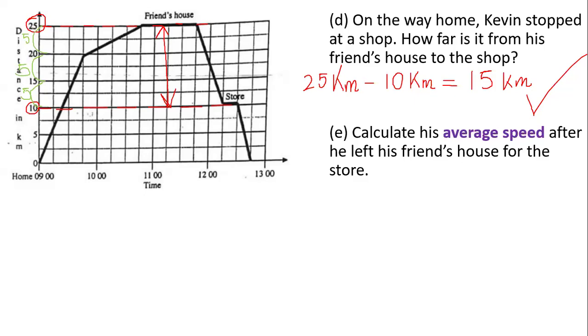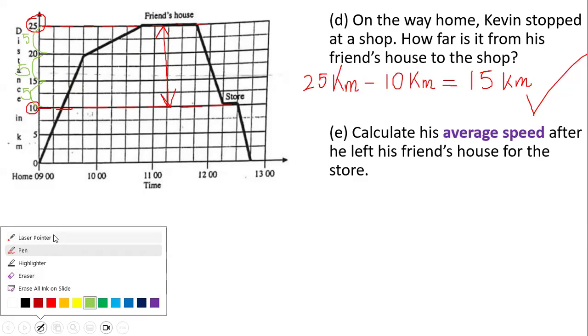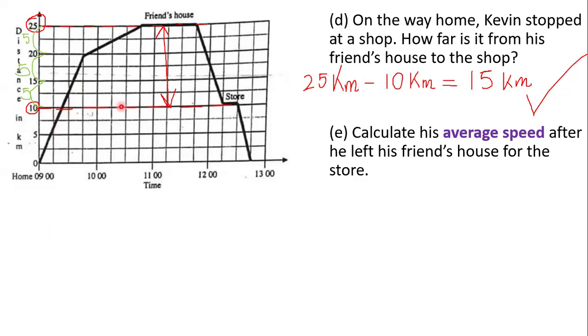Does that make sense, Sashnik? No, sir, because it says from his friend's house to the shop, not from his house. Yeah, from his friend's house. His friend's house is here. We're trying to find this distance between the store and the friend's house. How is it 5 kilometers?